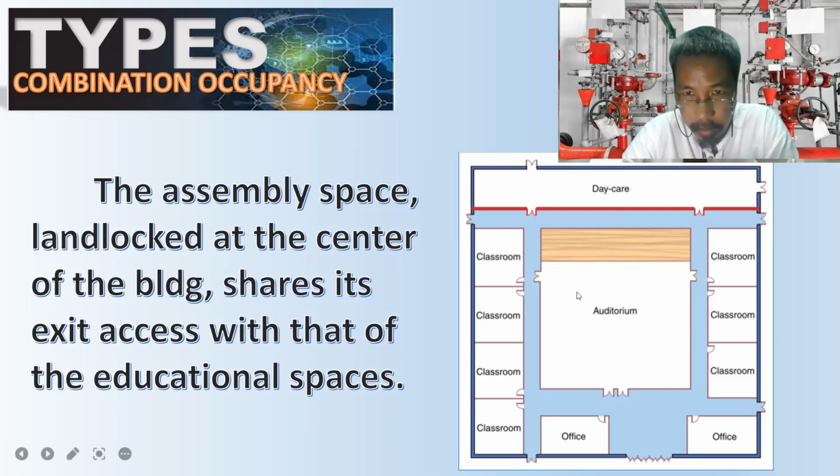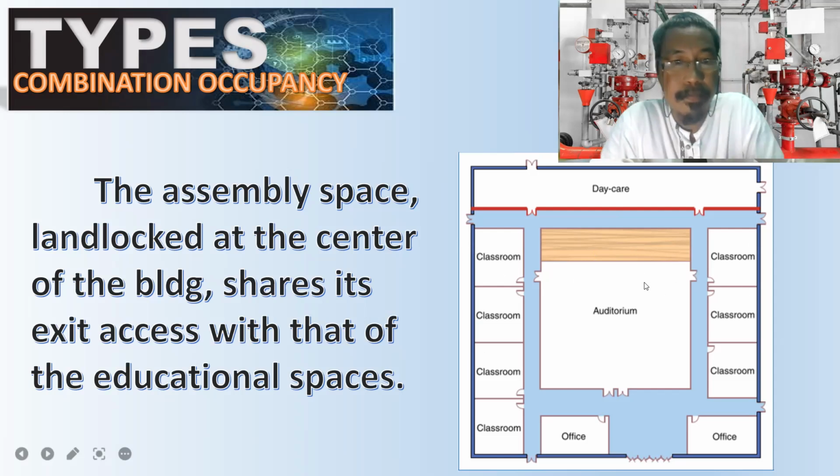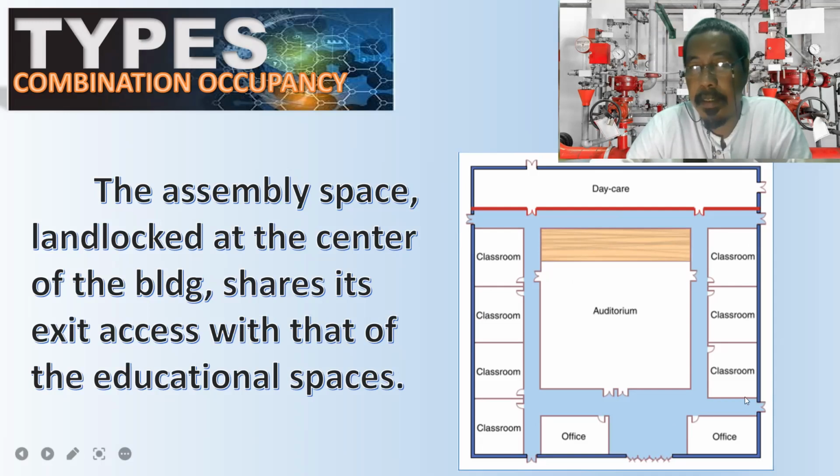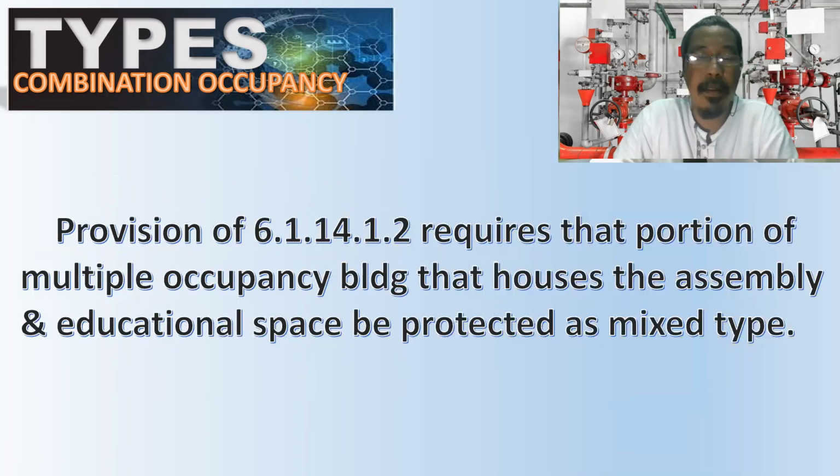Assembly, educational, business, educational, assembly, educational, shares its exit access. Where are the exit access? Here and here. So this one and this one, they are sharing, going out here, going out here.